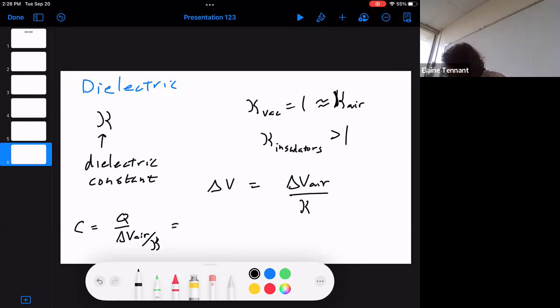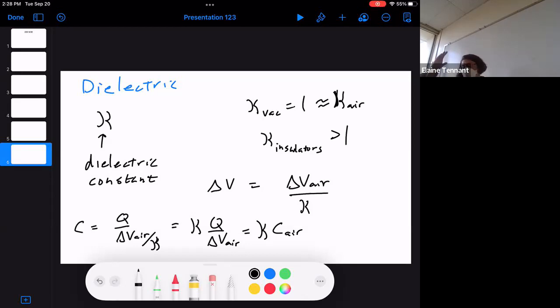And if you bring that to the top, you have kappa Q over delta V, or kappa times the capacitance that something would have in air. And by K, I do mean kappa, not K. Anthony, just so you know, that is Q over delta V, where V is voltage. Thank you, Brian.